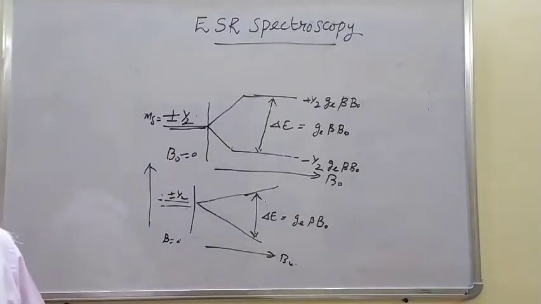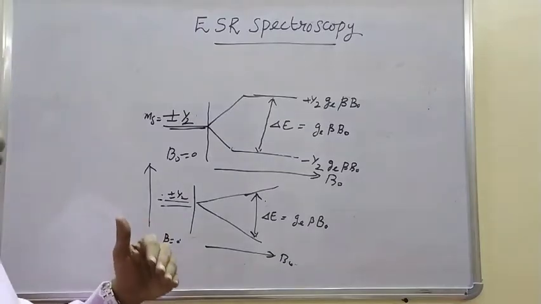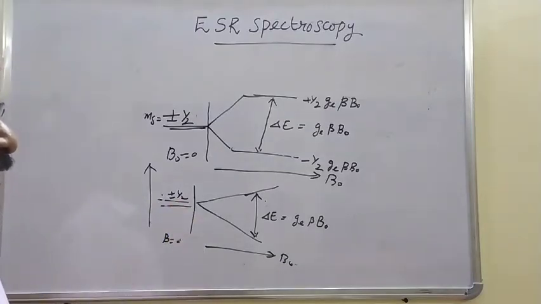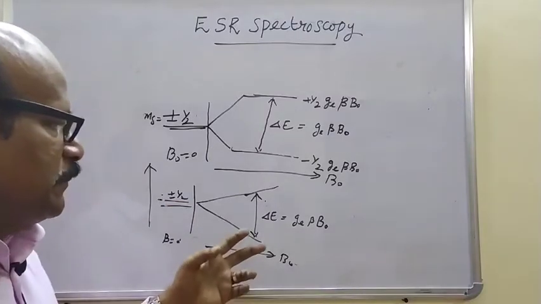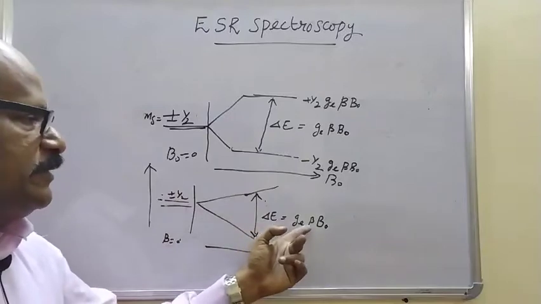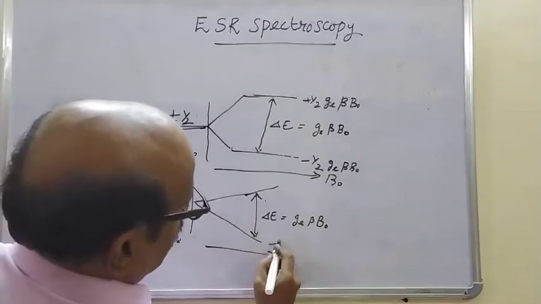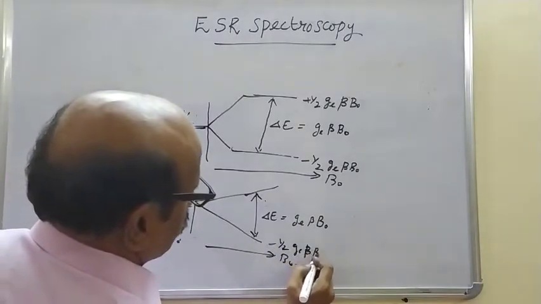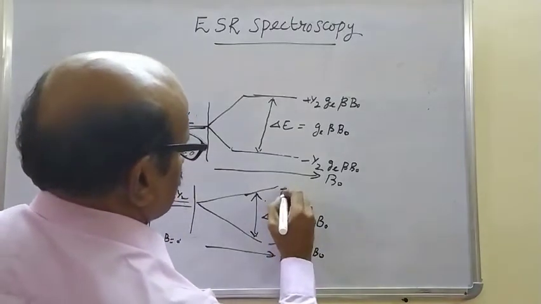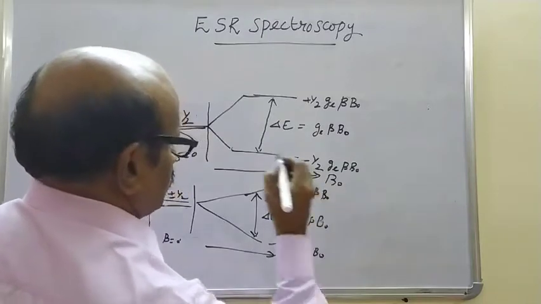So this is the situation of a paramagnetic molecular species under the influence of the magnetic field. The degenerate spin state splits into two different spin energy levels separated by delta E equal to g beta B0, with the lower energy level minus half g beta B0, while the upper is plus half g beta B0.